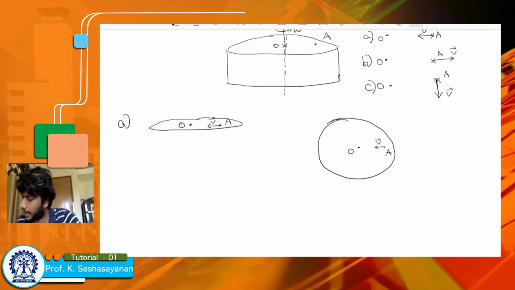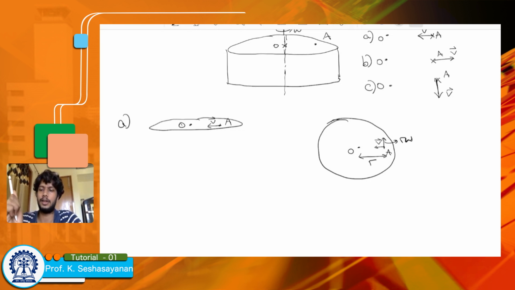So if the distance between the center and the ant is r, we know that in solid body rotation, the ant will also have a tangential velocity of r omega. It's rotating about an axis.